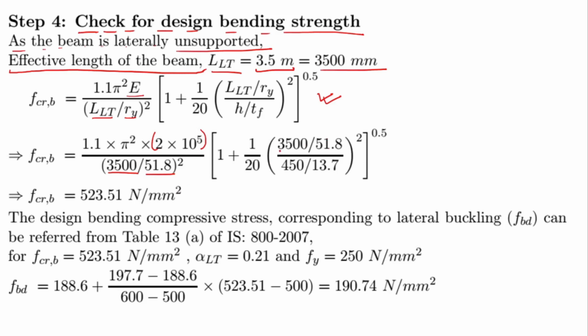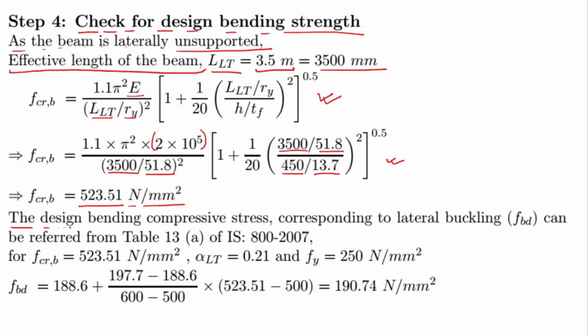Then again the effective length LLT is 3500, ry is 51.8. Then total depth h is 450 mm. Then thickness of flange is 13.7. After simplifying this expression, we shall get fcrb equal to 523.51 Newton per mm square.